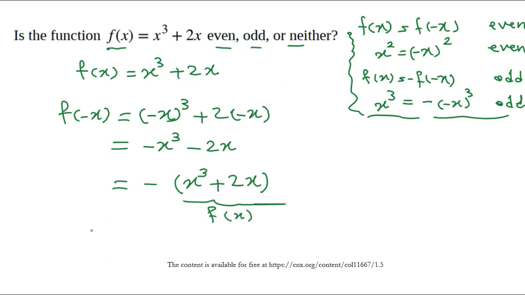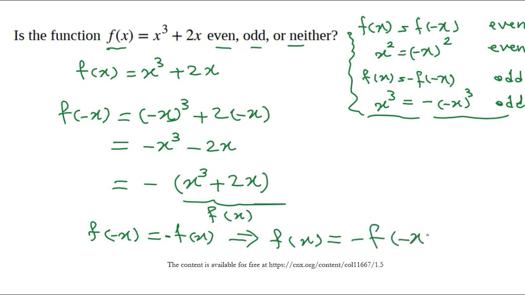We can see that f of negative x is negative f of x. That means f of x is equal to negative f of minus x, which is this one. So it is odd.